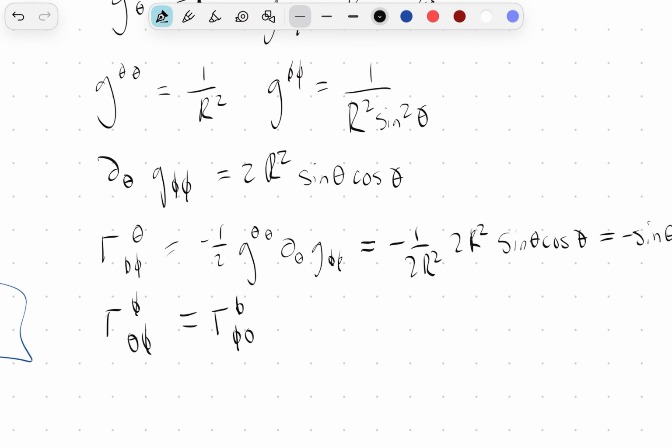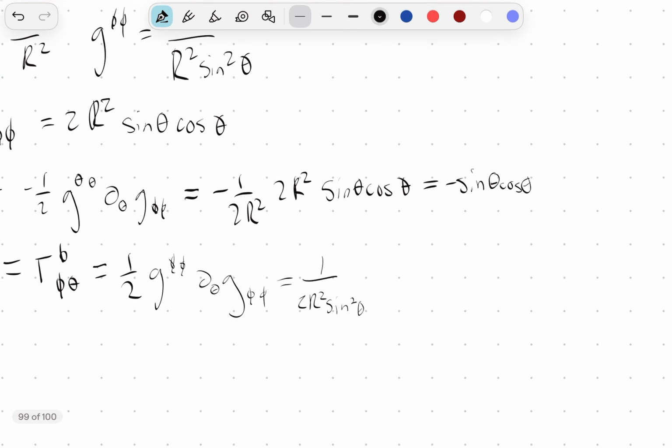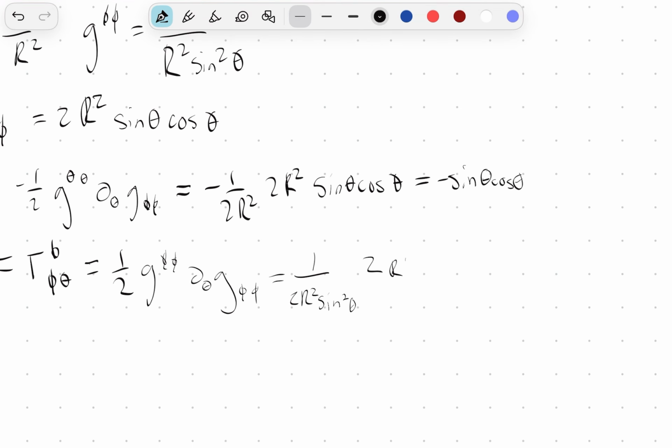I'll let you go through the formula yourself, but this should be equivalent to 1/2 g phi phi inverse times taking the theta derivative of g phi phi low index, which would be 2r squared sine theta squared times 2r squared sine theta cosine theta.